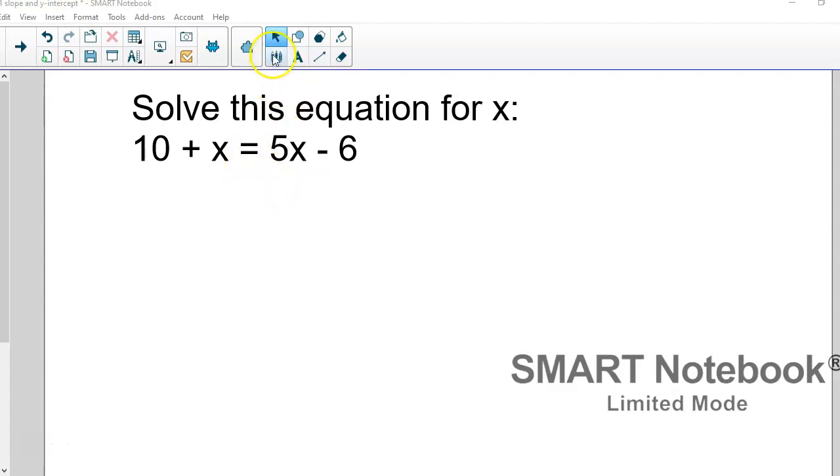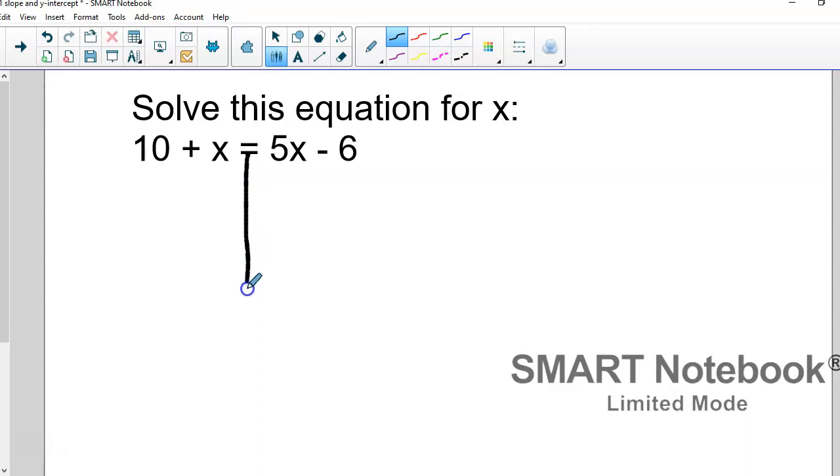I always like to start solving my equations by drawing a line at the equal sign to divide the equation into two halves, a left side and a right side. And that's super important, especially when you have variables on the left and the right. Last week when we were solving equations, we were able to combine like terms whenever we had x's on the left side, right?